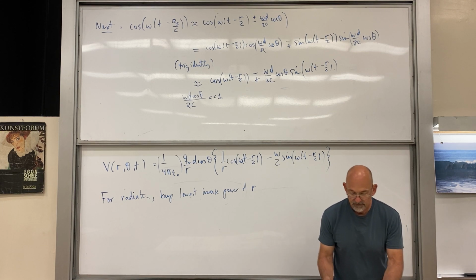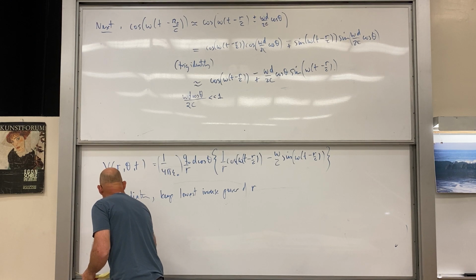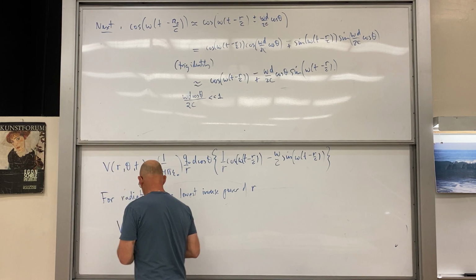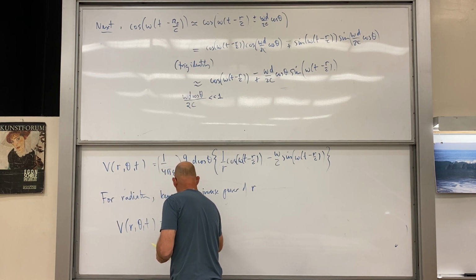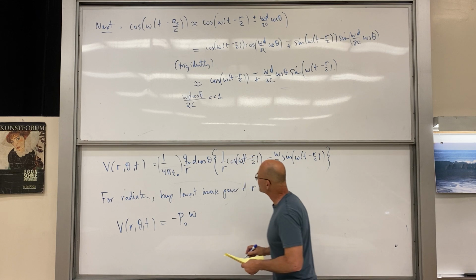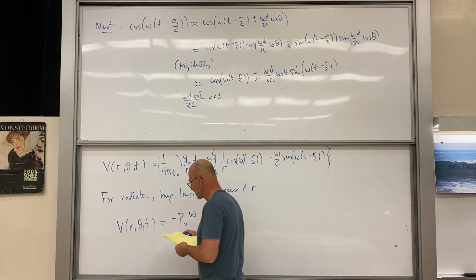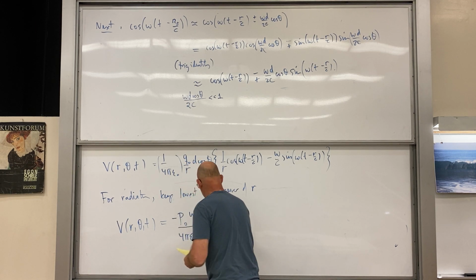Good. So finally, V(r, θ, t) is equal to minus p0, substituting for my dipole moment, over 4π ε0 c.